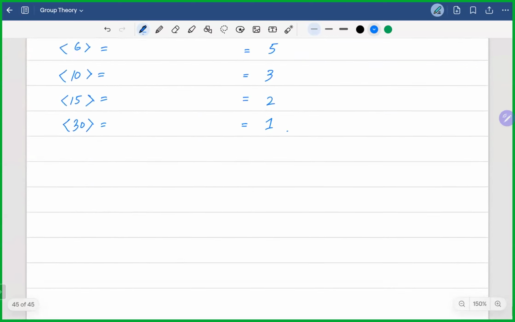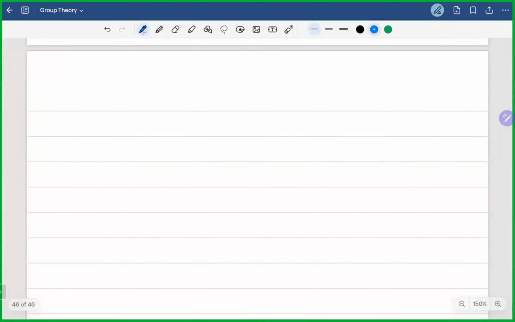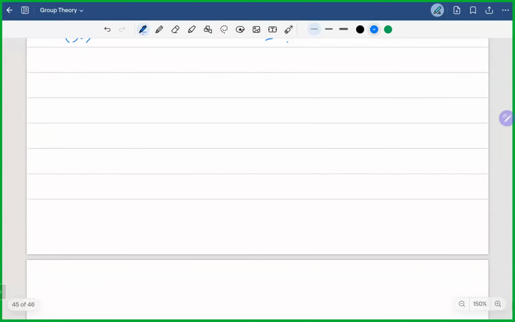Now let's try to find generators of the subgroups of order 9 in Z36 using theorem 4.2 and 4.3.